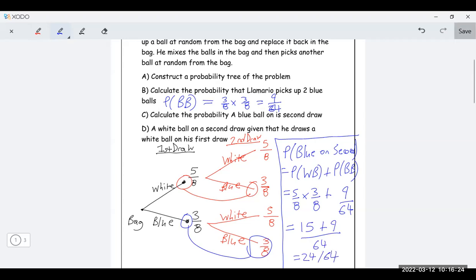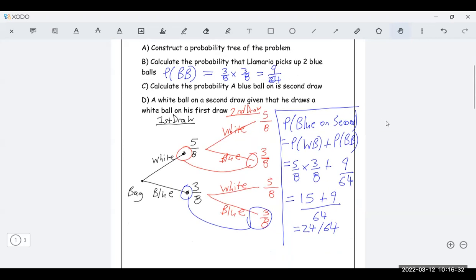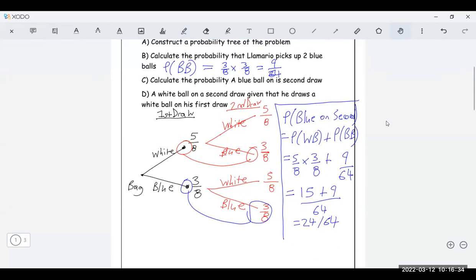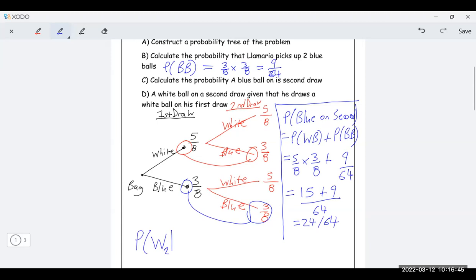Then the last one now is a conditional probability. It says a white ball on the second draw, given that he draws a white ball on his first draw. So they're asking us to find the probability of getting white on the second draw, W2, given that he got white on the first draw.